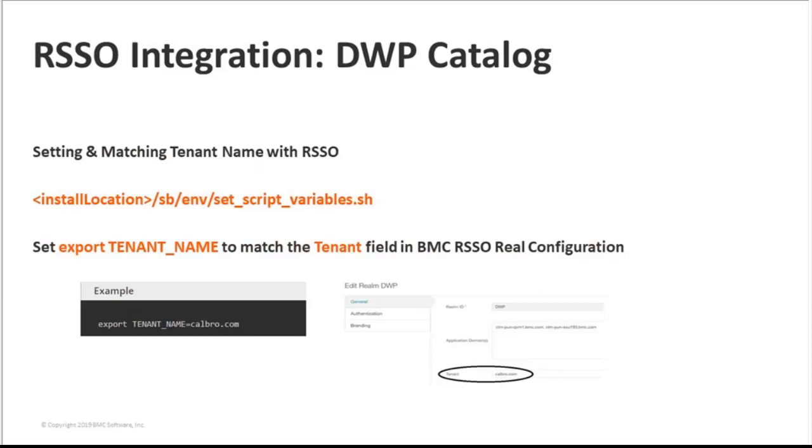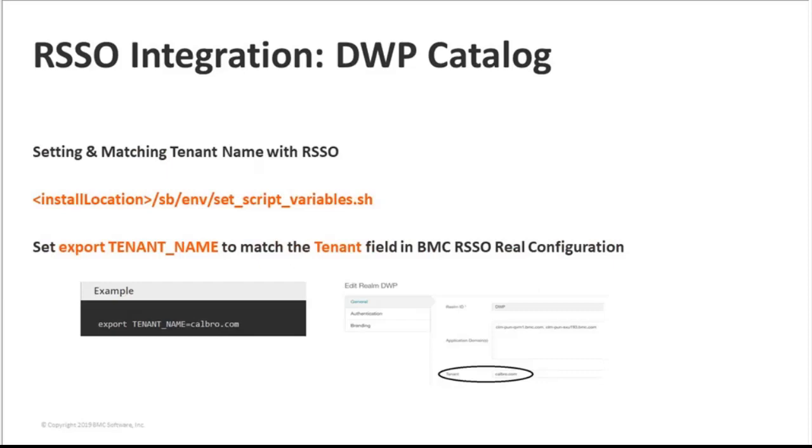All right, so there is this tenant concept in service broker. The tenant that you use for the service broker has to be matched in the Remedy SSO. So what you do is you create a tenant by your domain name in a file called set-script-variables.sh in service broker.